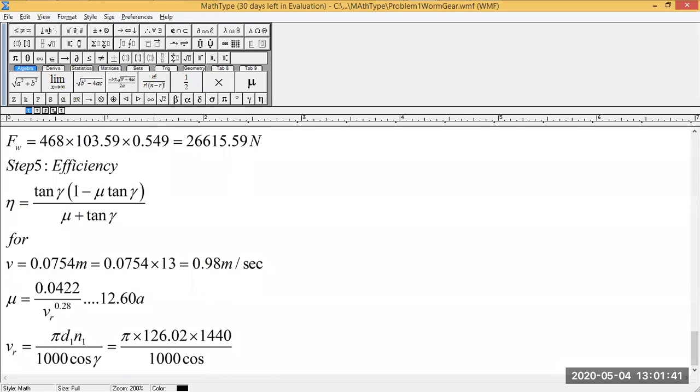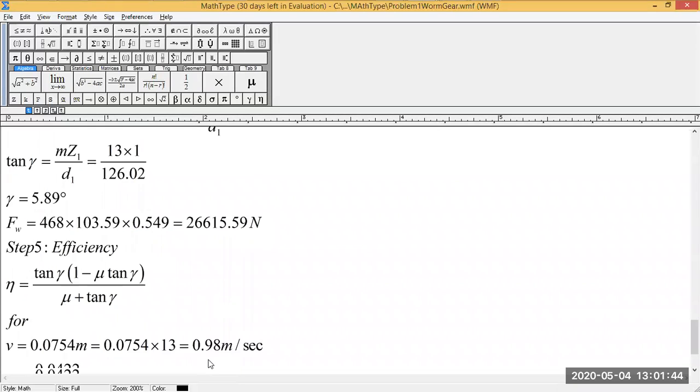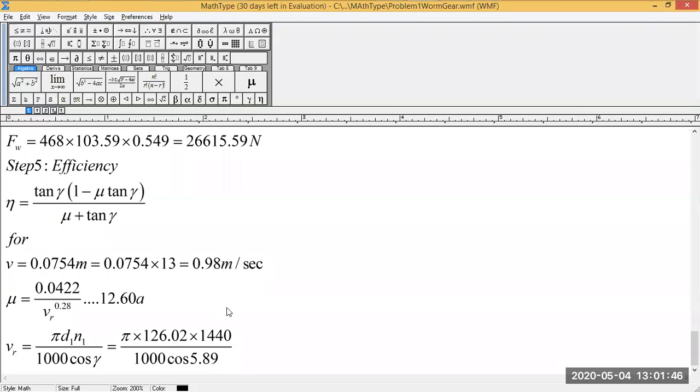Gamma is 5.89 degrees. Just calculate this value here. So pi into 126.02 into 1440 over 1000 into cos 5.89 is 573.